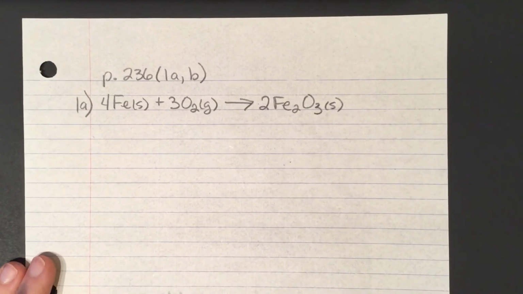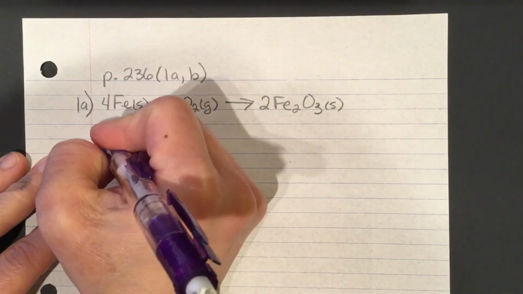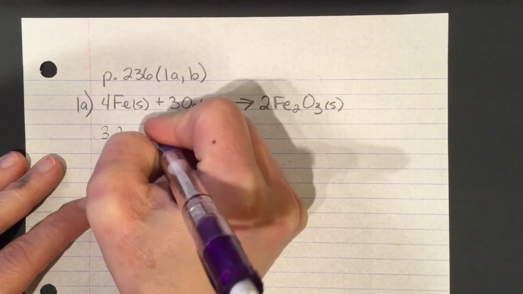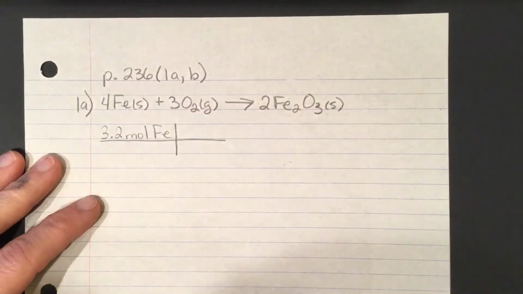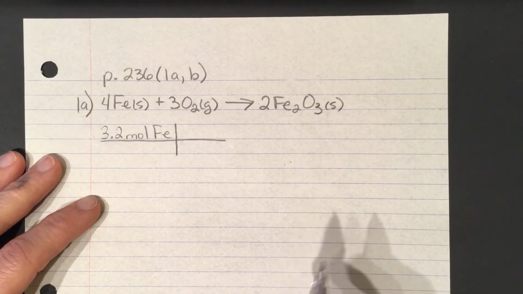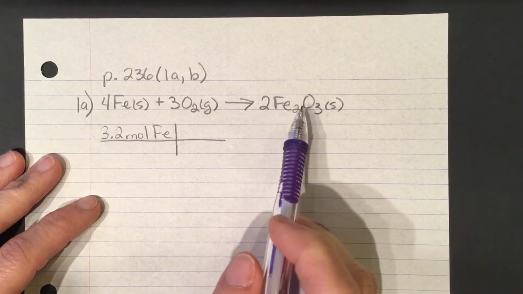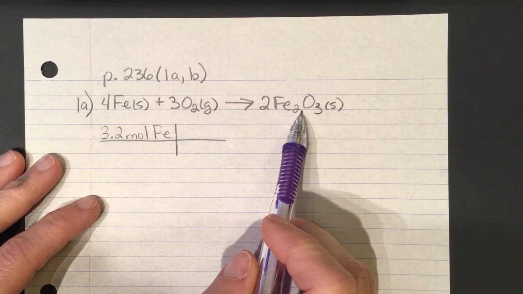So the problem says, how many moles of rust can be produced from 3.2 moles of iron metal? So I have 3.2 moles of iron. And looking at my balanced equation, I want to go to moles of rust, iron oxide.